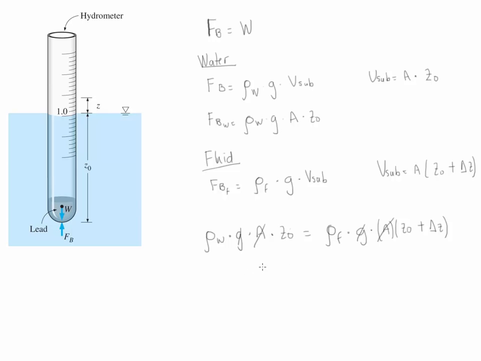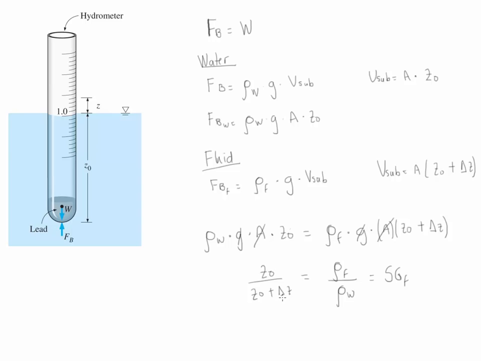And then we simply have that Z0 plus delta Z over Z0 is going to be the density of the fluid divided by the density of the water. Now notice that this relationship is the same thing as the specific gravity of the fluid.